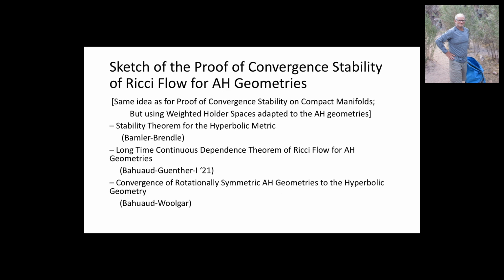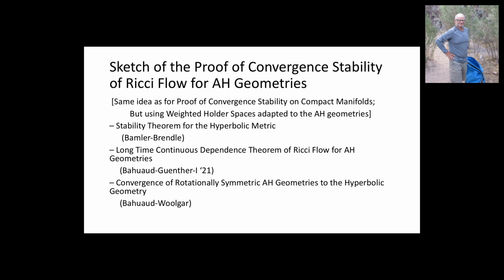So I want to give a very sketchy proof of the convergence stability in this case. It's very similar to the idea of the proof of convergent stability on compact manifolds. But again, importantly, we're using certain specified little Hölder spaces which are adapted to the asymptotically hyperbolic geometry. So first of all, we need a stability theorem for the hyperbolic metric. And in this case, we rely on some work of Bamler.